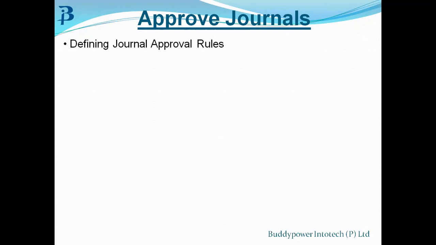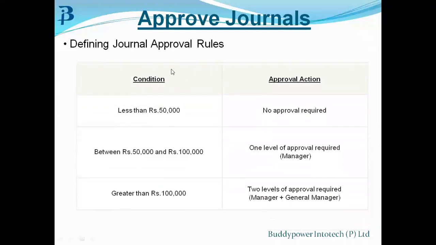You can build rules based upon an entered amount, an approval level, or even the user stage. Let me show you here. Take a simple scenario where you build rules saying that where the amount is less than rupees 50,000, the user need not take any approval.